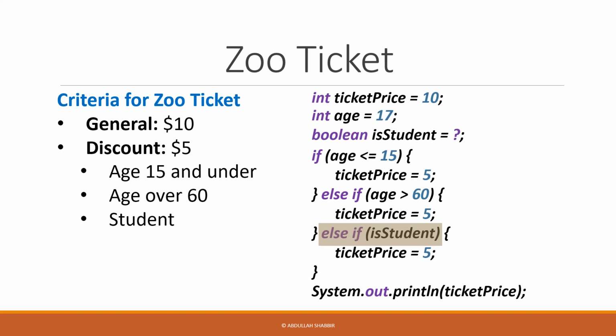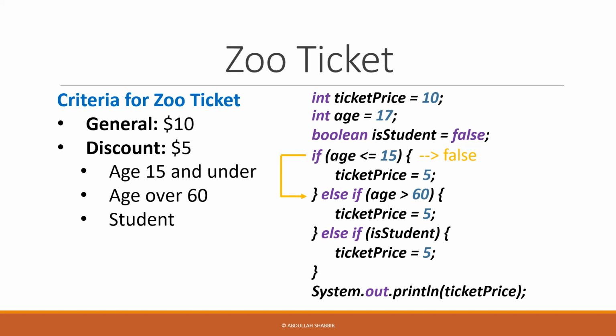Now let's put some value inside our variables and trace the program. Here we have the age set to 17 and isStudent set to false. Our Java program will check the first if condition, which is age less than or equal to 15, and evaluate it to false. So it will go down and check the next else if condition, which is age greater than 60.